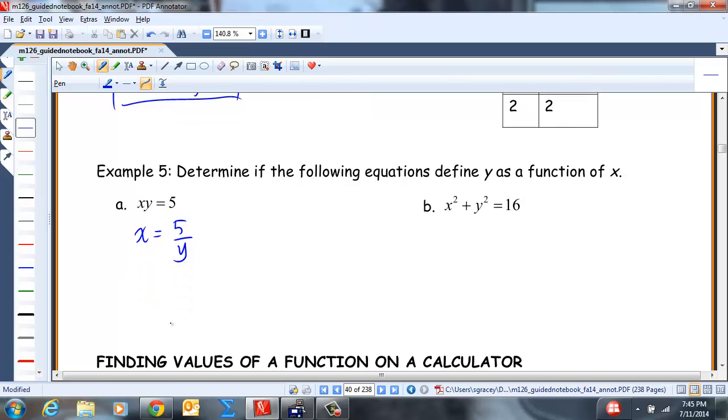But this tells me that this is a function. So y is a function of x, because each of these x values is only going to have a single y value as a result.